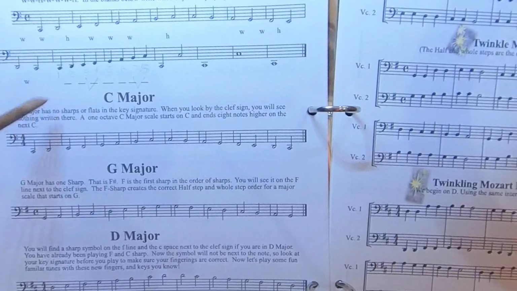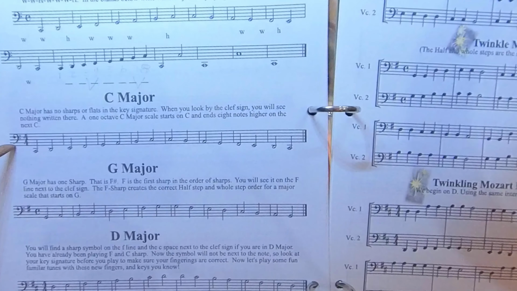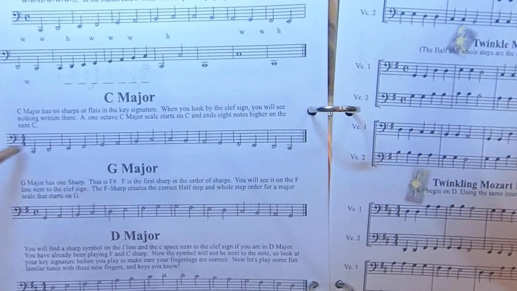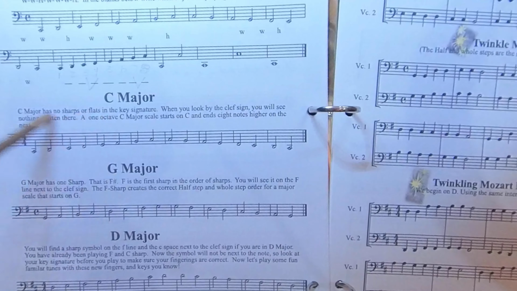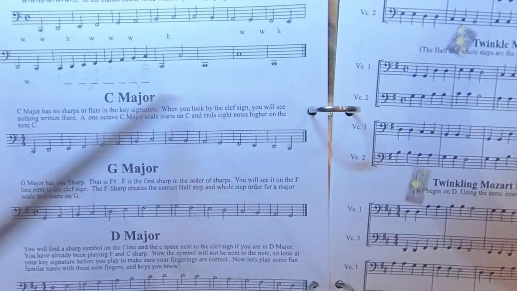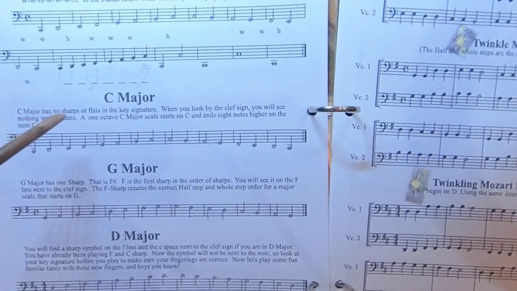So C major has no sharps or flats. So if you look here at the beginning, you just see your regular bass clef 4/4, and then there's nothing else here. We're going to introduce key signatures at this point on this page. But C major has no sharps or flats. So when you look by the clef sign, you will see nothing written there.